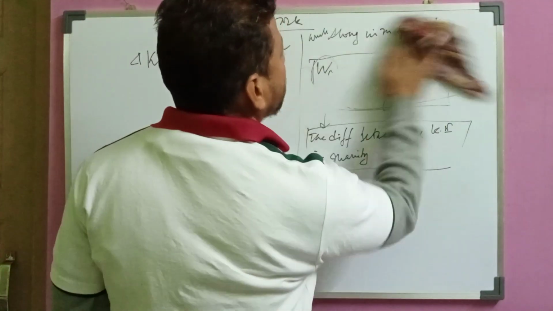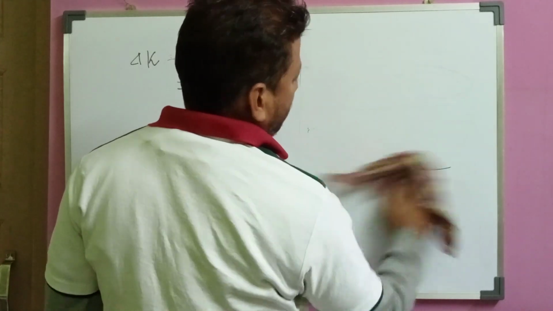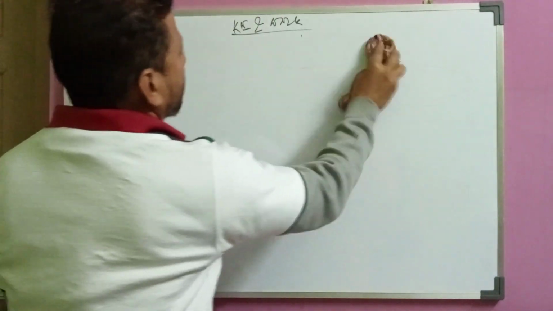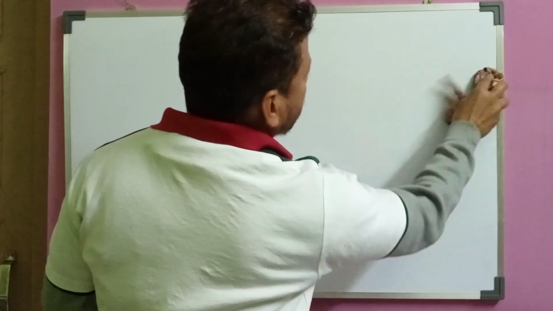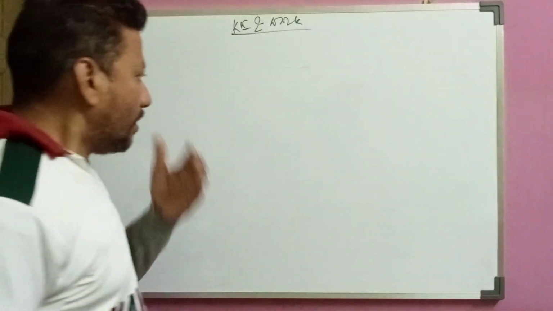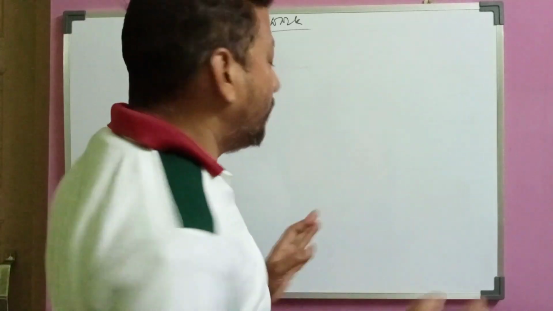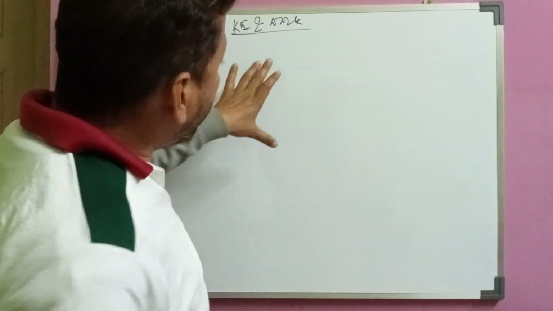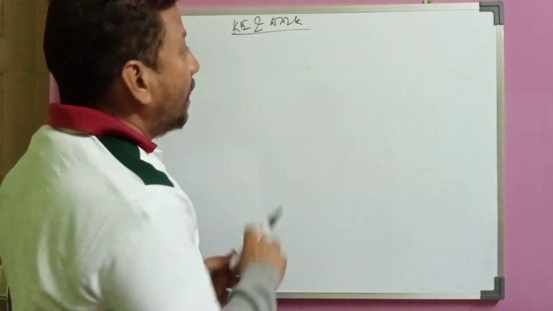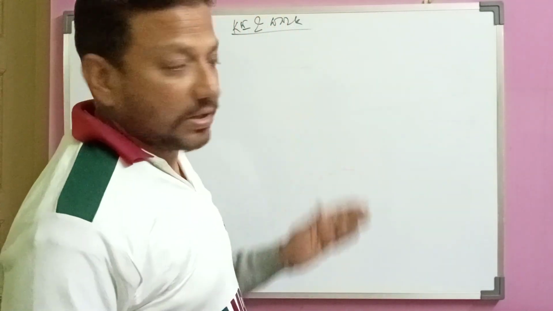Now, as we did previously, the difference of kinetic energy, the definition of work, whatever it may be. Now we will define the position of the particle along with the gravity and against the gravity. The scenario we will do step by step.